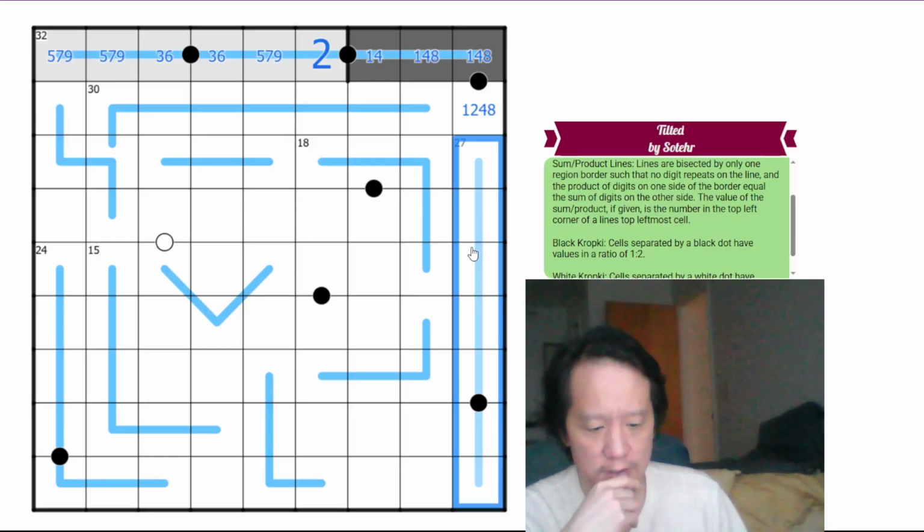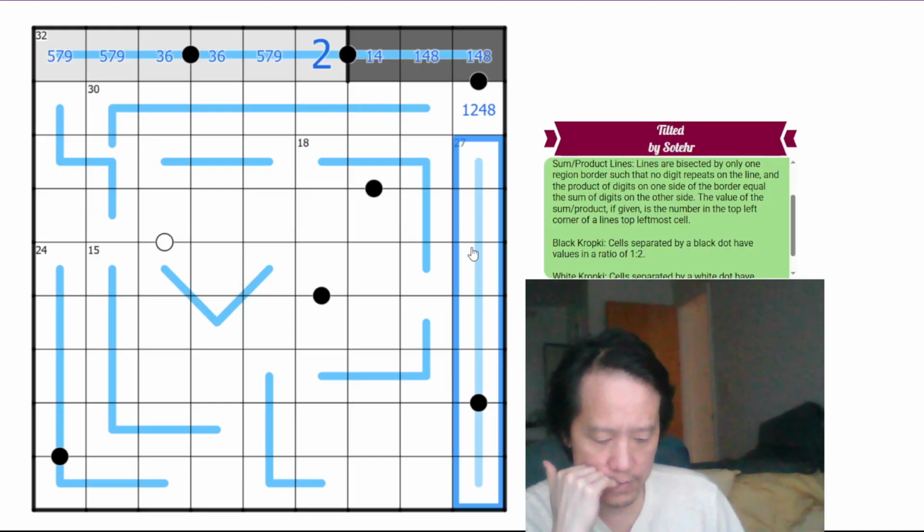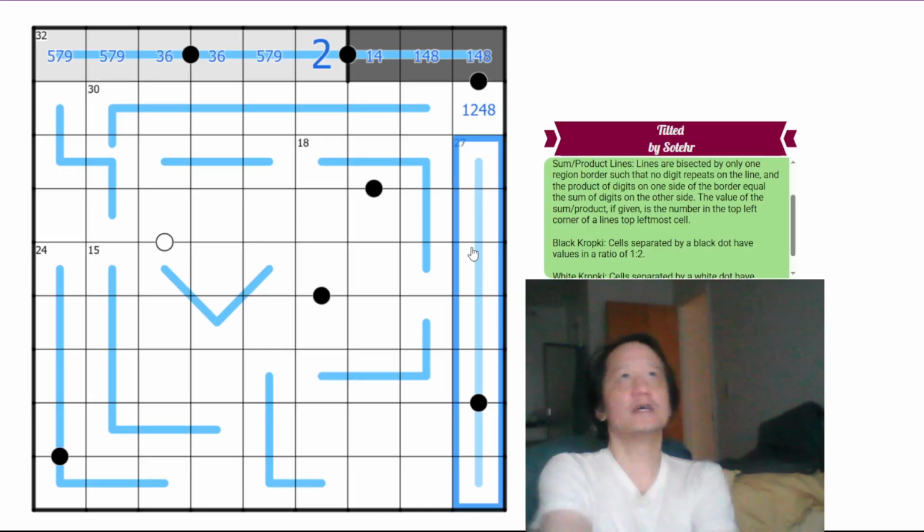27. So say you had 27 and 3 and 9. $27 as a sum, and 3 and 9 adds up to 39 already.